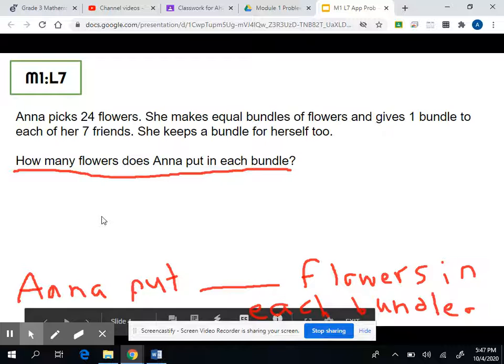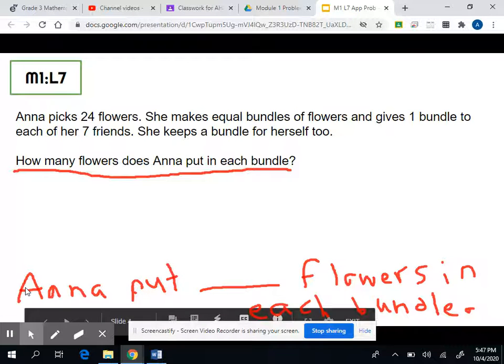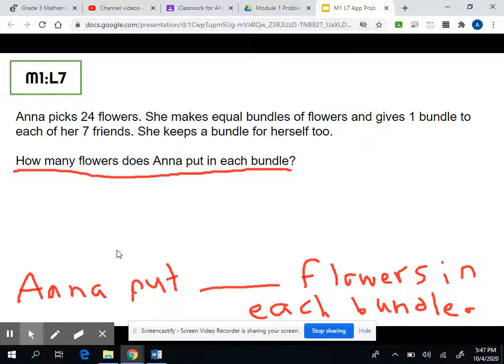Pause the video now and hit play when you have all 4 steps on your checklist checked off. Okay, so if your checklist has all checks on it, then you are ready to go over the solution for this problem. If you do not have 4 checks on your checklist, hit pause now and then hit play when you do.